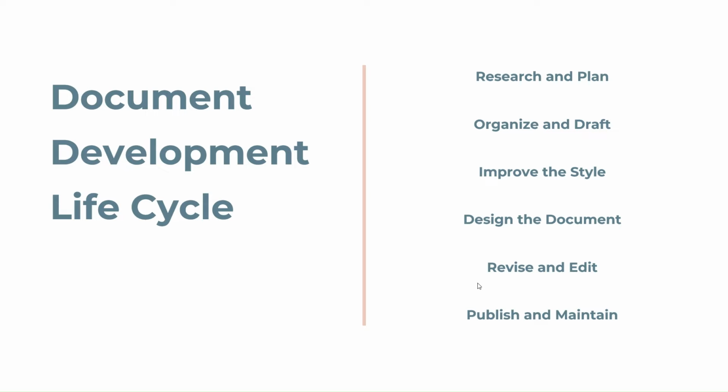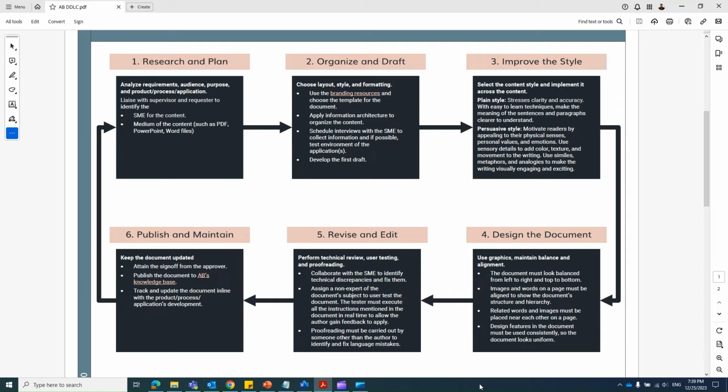Now, we are not just going to look at the generic, typical, recognized phases of DDLC, but also we will try to understand how these phases of DDLC can be curated, tailored to fit our organization.